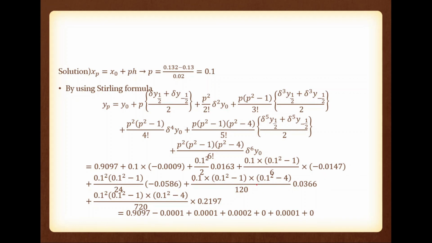Now the next one is 0, that is, this term is 0 because this is 0.1 square, that is 0.01, this is almost 1, so this term will become 0.0002 divided by 24, which is rounded to 0, so this value is 0. Now this term is 0.0001, plus this term is also 0 after using 4 significant digits. So the final answer is, f of 0.132 is equal to 0.9. So this one is an extrapolated value. F of 0.132 is equal to 0.9.